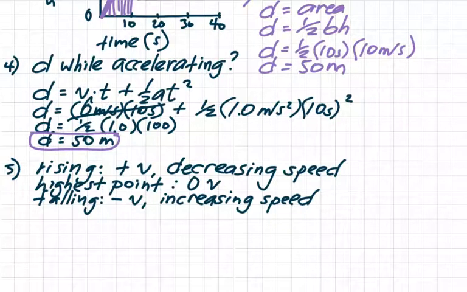Now let's also think about the acceleration. When it's rising, if you have an upward velocity but you're slowing down, your acceleration must be against the velocity. That means the acceleration is negative. Then when you're falling, you have a downward velocity that's a negative velocity, and you're speeding up, so the acceleration is acting with you. Well, if your velocity is negative and the acceleration is acting with you, then the acceleration is also negative.